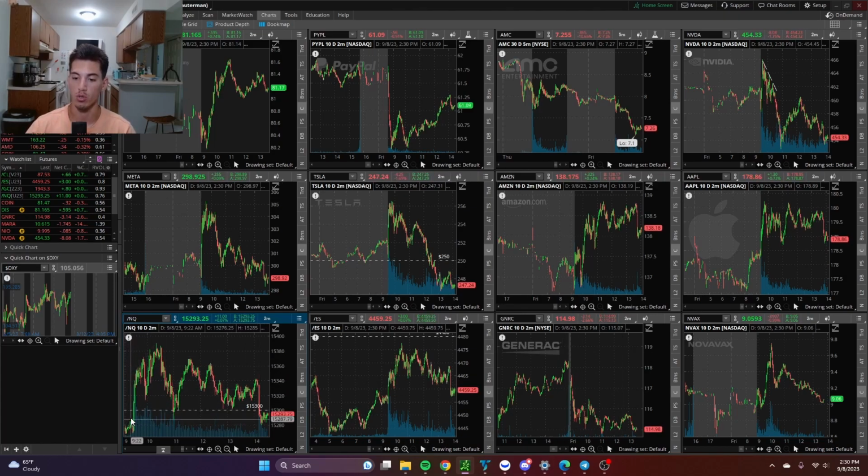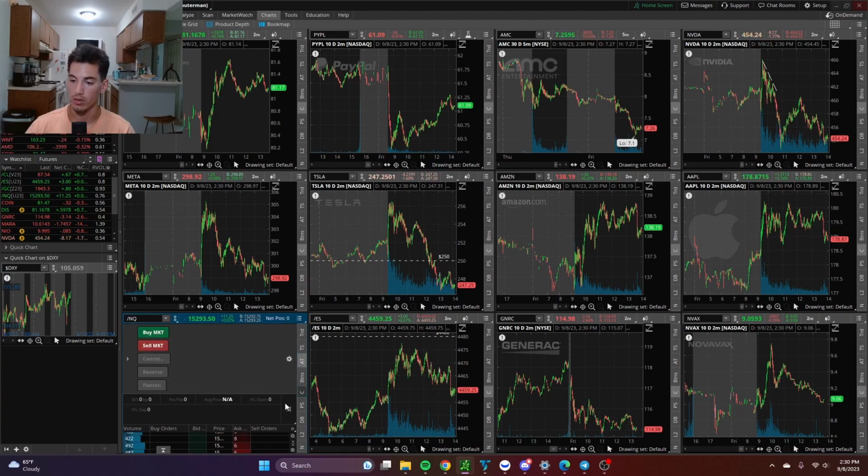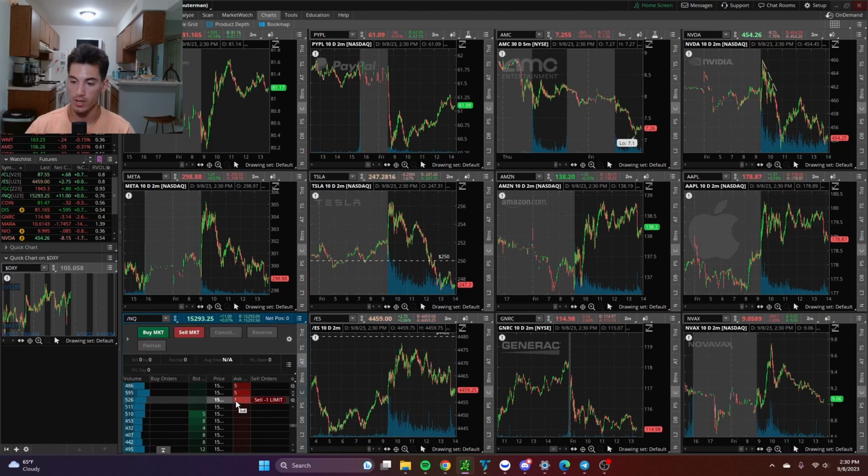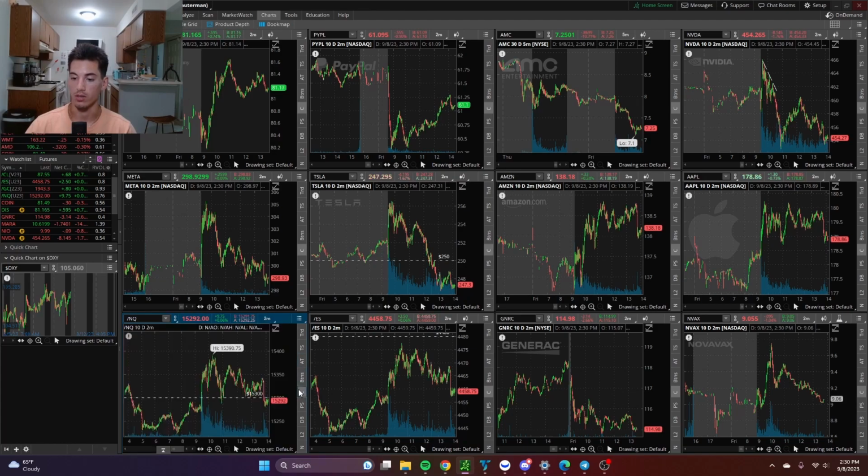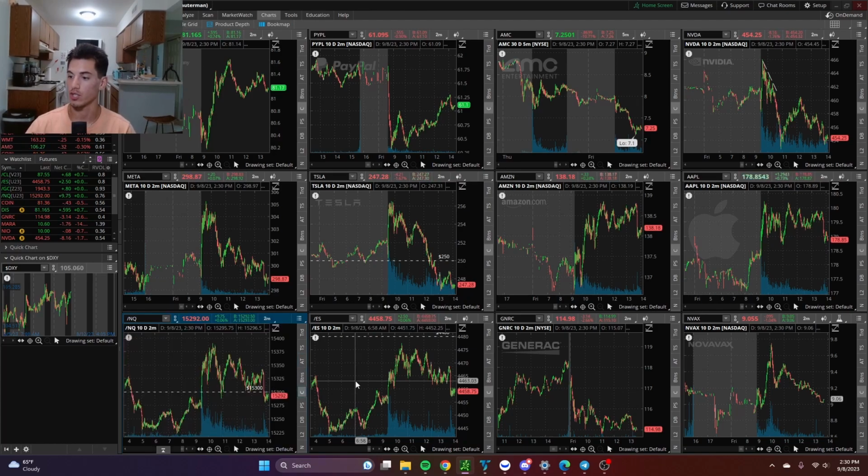You don't only have to buy and only look for buys because you can't short. You could go long right here or short, and it's going to be the same way. It's not going to be complex at all. It's a really nice feature of futures, that it's just super simple to go short.